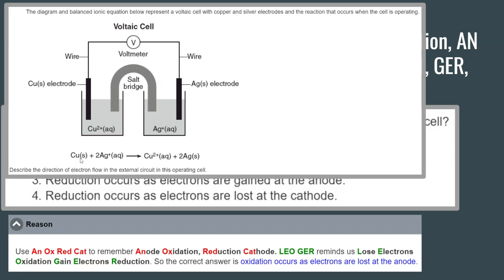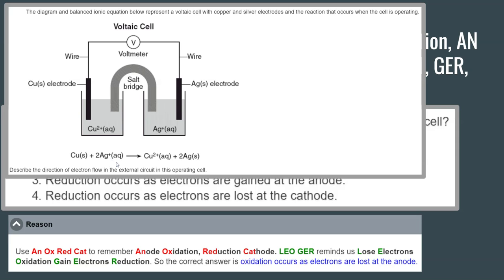Here, copper is becoming copper 2 ion, and silver ion is becoming reduced to silver solid. So copper is losing electrons and silver is gaining electrons.